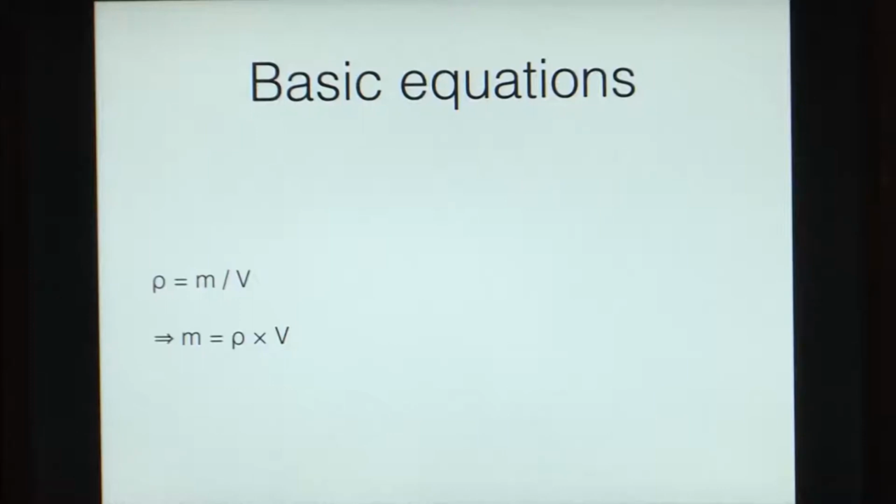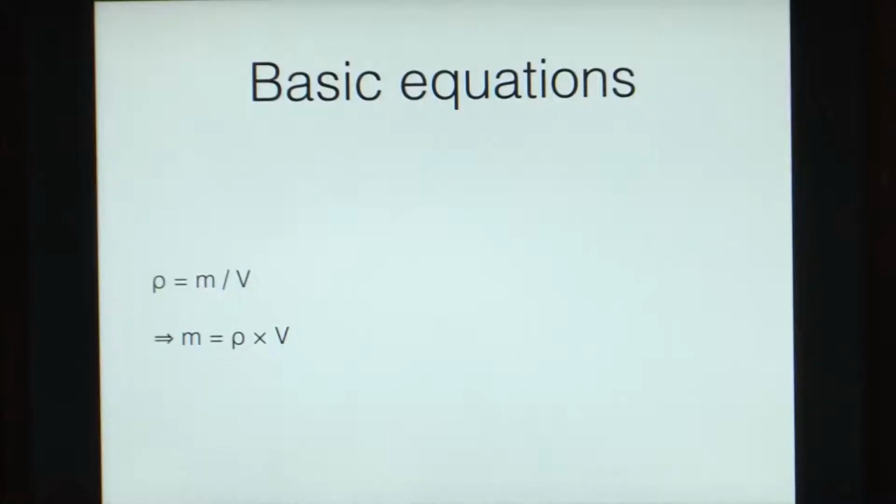But then rho will be a fixed quantity, or nearly fixed, for the whole stem. So, if we know rho, we can calculate the mass of that chunk because we know how to calculate its volume. If we multiply that by the density, we will get the mass. Because we know how to calculate the volumes, the trick is to know the density.